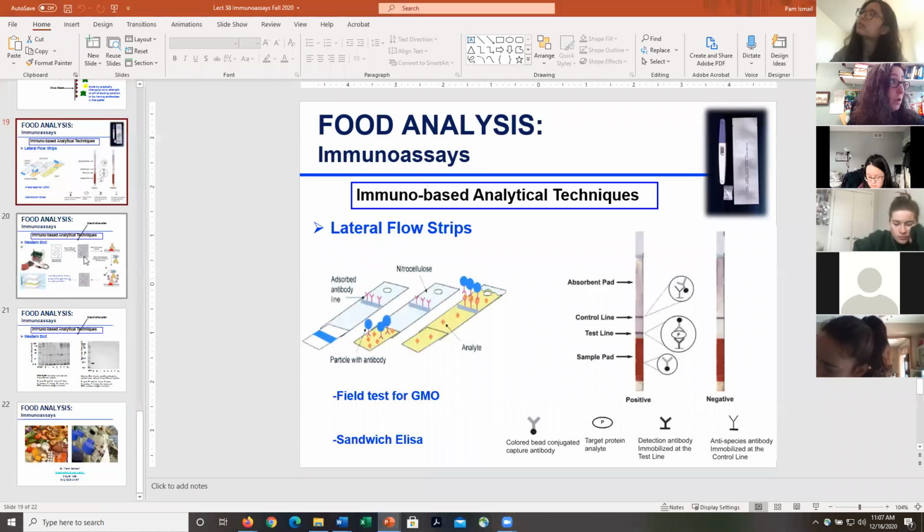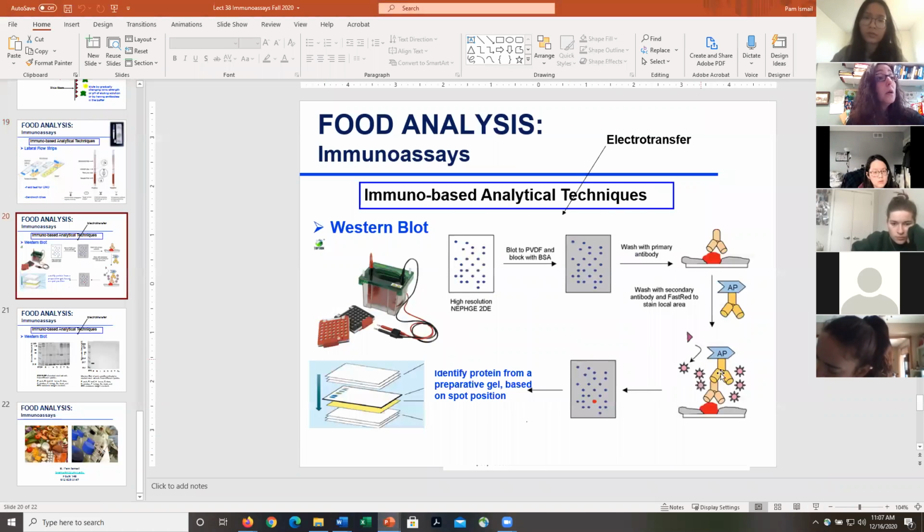You add a substrate, and the enzyme converts the substrate to color, and then you would see the color dot. If you don't have the protein, you don't have the antibody binding to anything, and then you don't have the secondary antibody binding to anything, so you don't see a color change.